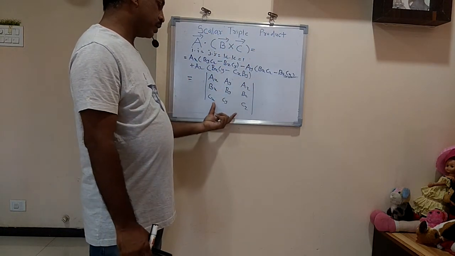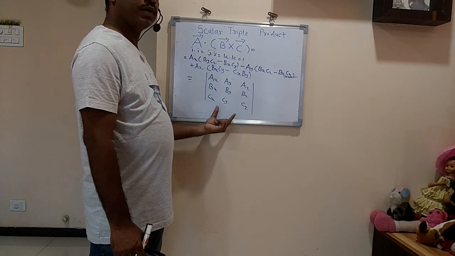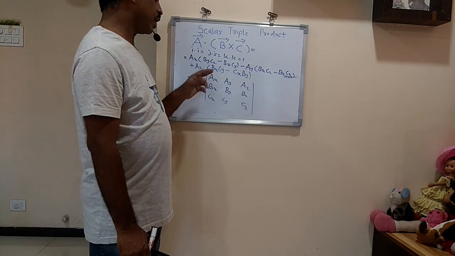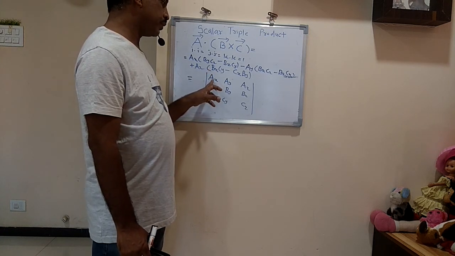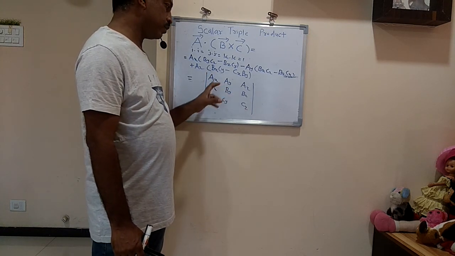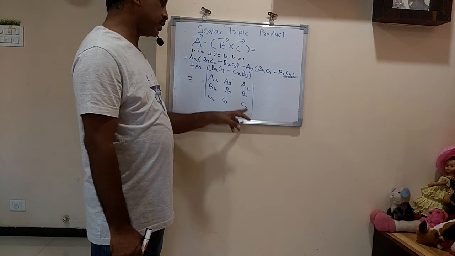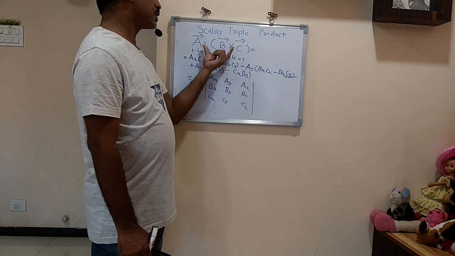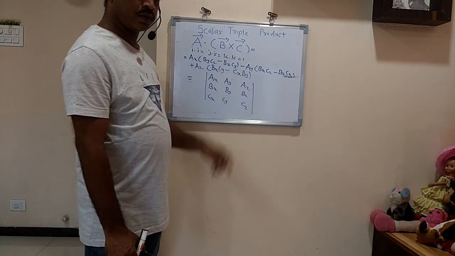It can be written in the form of a determinant: we take mod, or two vertical lines, and inside write ax, ay, az, bx, by, bz, cx, cy, cz. This is the simple format of the scalar triple product. Okay, thank you.